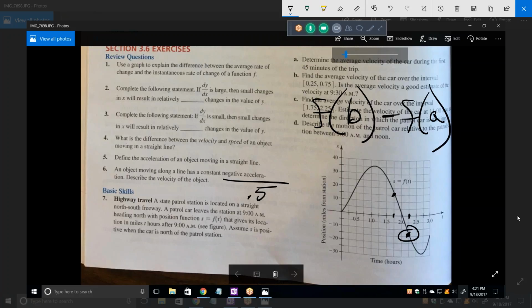Minus, what's f of a? I would go 15, positive 15. Now that should be negative 28 over 0.5. And that should give you negative 56 miles per hour.